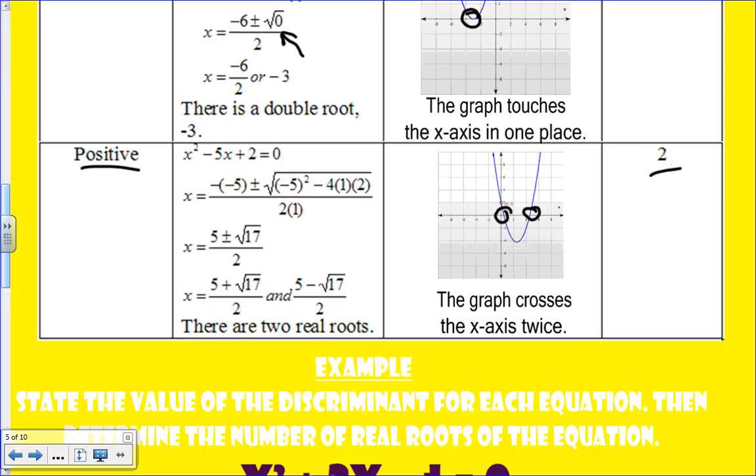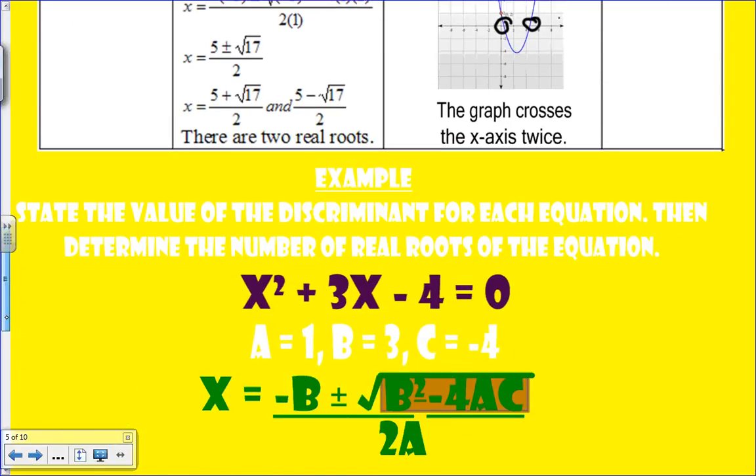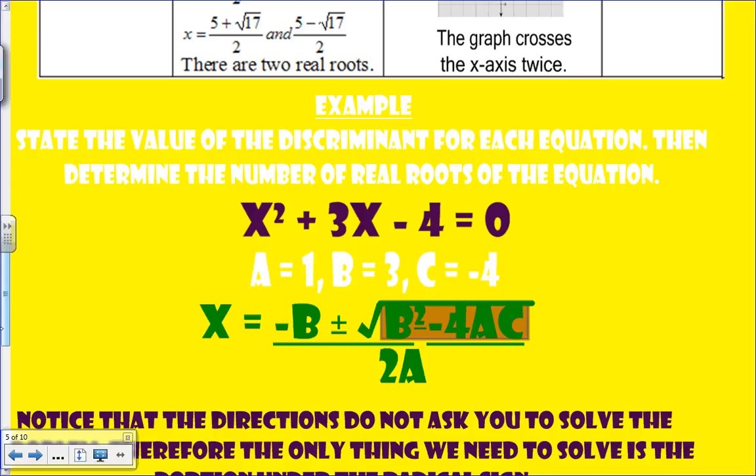Okay? So here's an example of that. State the value of the discriminant for each equation, then determine the real number roots of the equation. So we have x squared plus 3x minus 4 equals 0. We have our a is 1, our b is 3, and our c is negative 4. Plugging that in, we can look at this discriminant right away.